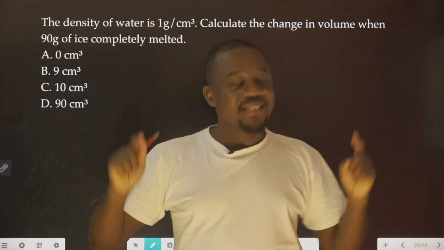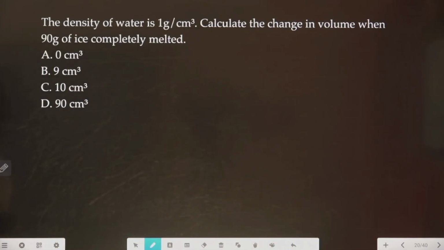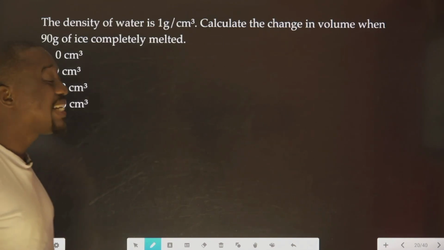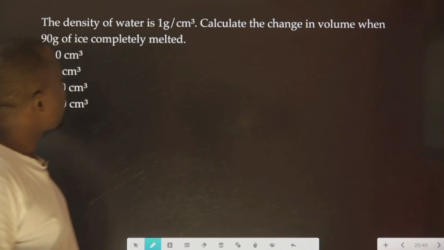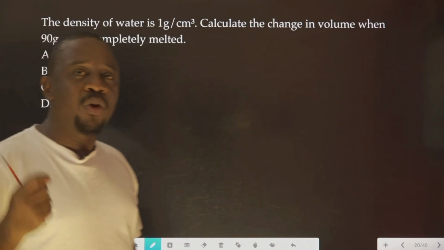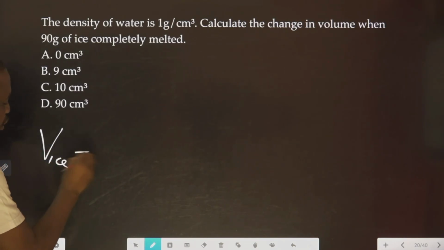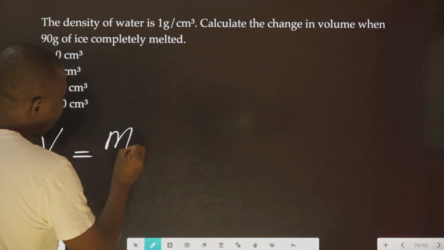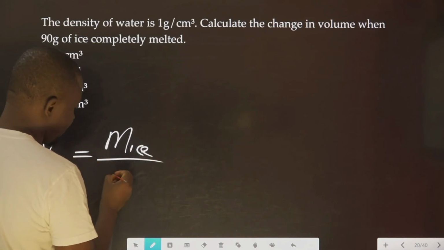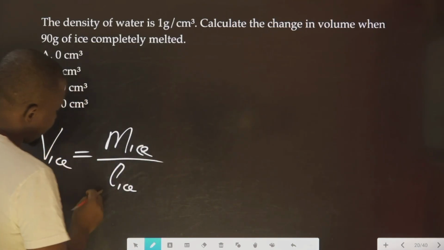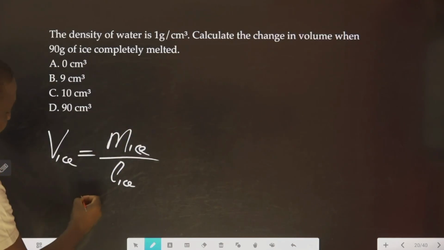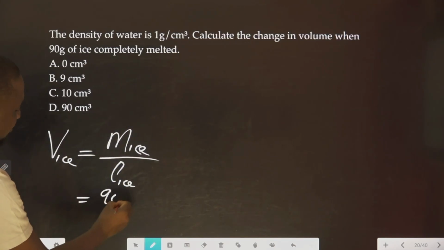Okay? Let's look at this. It says the density of water is 1 gram per centimeter cube. Calculate the change in volume when 90 grams of ice completely melted. No problem. One thing you should know is that when you want to calculate the volume of ice, remember to put this as equals to mass of the ice all over the density of the ice. So you can see from here now we know the mass to be 90 grams.